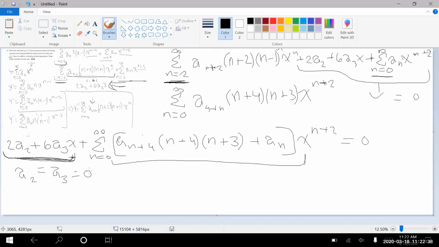And then also, like the prior ones, we're going to assume the ones we have not solved for equal just constants. So we have a naught and a sub 1 equaling a naught and a sub 1. Okay, so solving for a sub n plus 4, we have a sub n plus 4 equals negative a sub n over n plus 4, n plus 3.